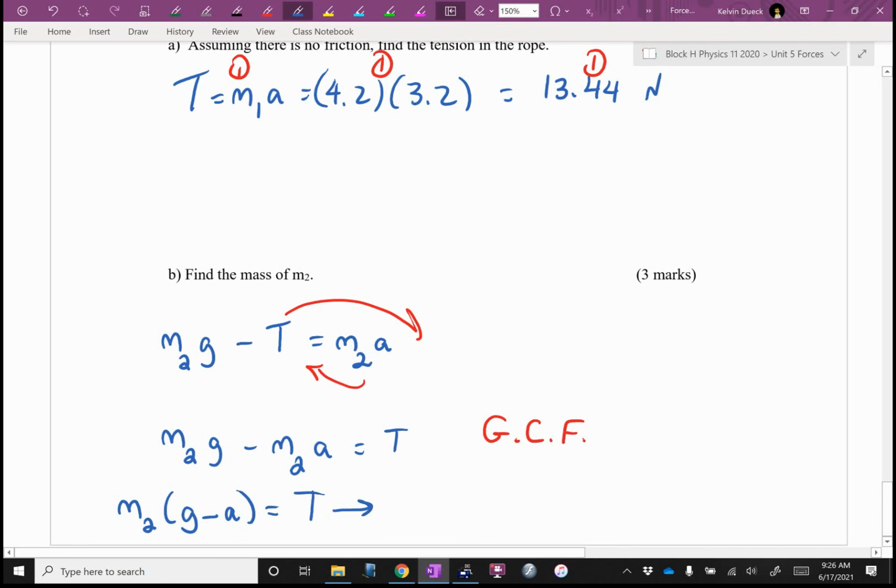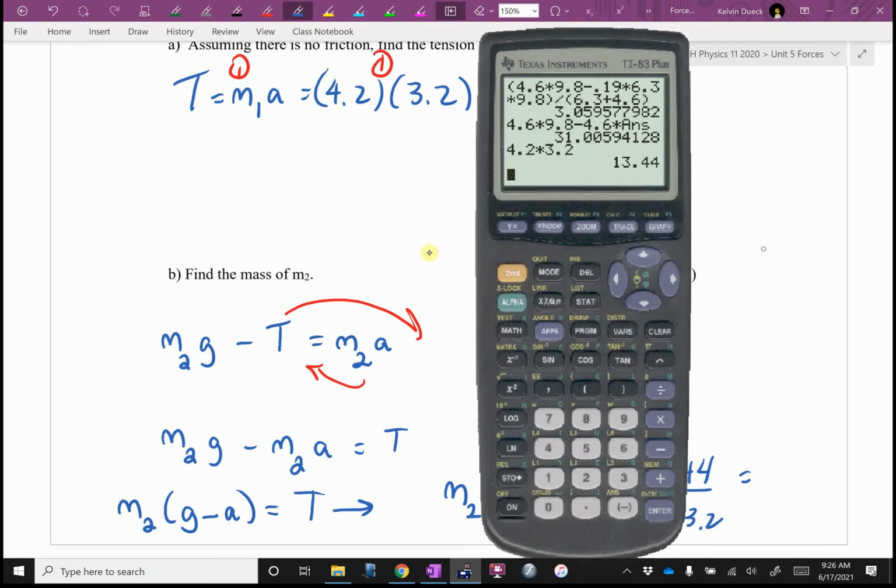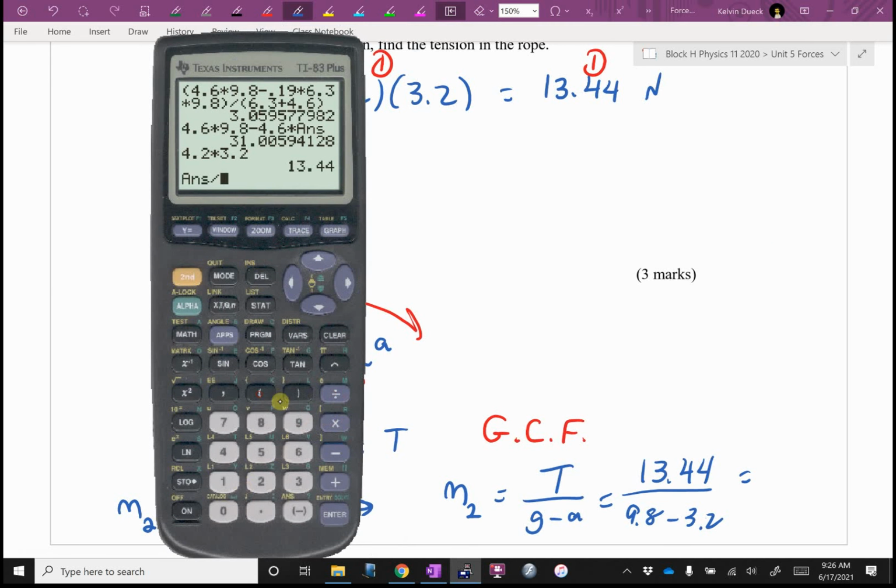How would I get the M by itself? Yep. M2 is going to be tension divided by G minus A. It's going to be 13.44 divided by 9.8 minus 3.2. Answer button divided by bracket 9.8 minus 3.2. And I get 2.04.